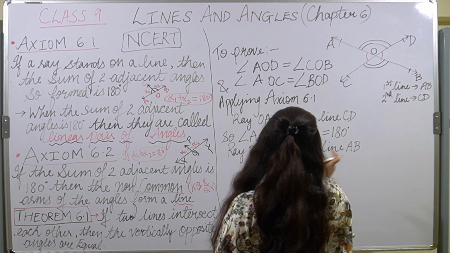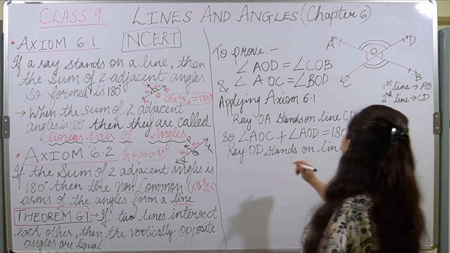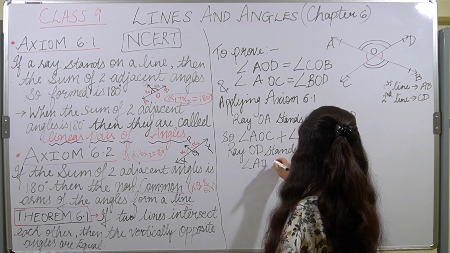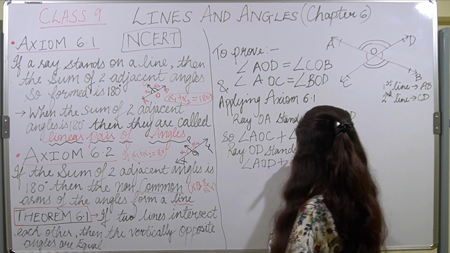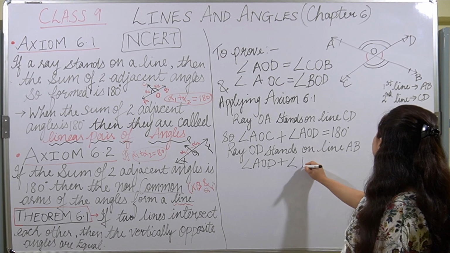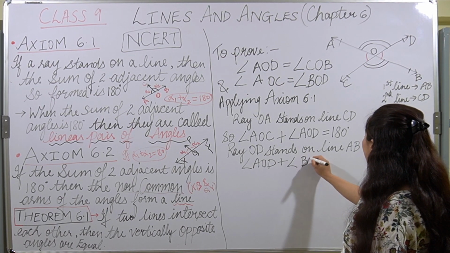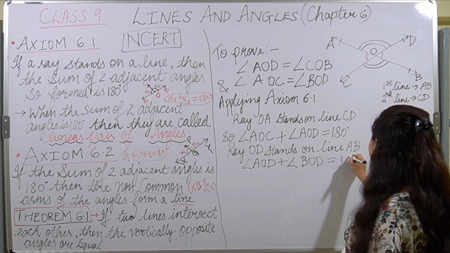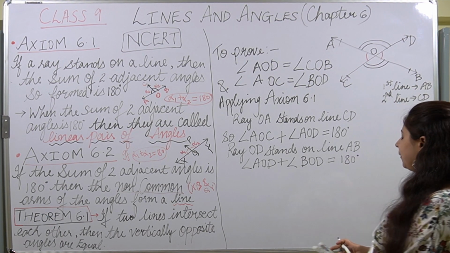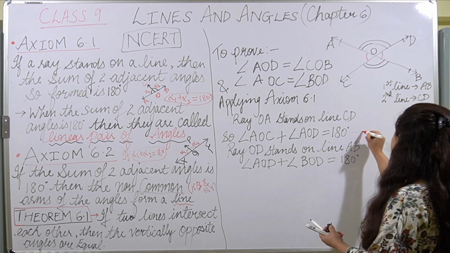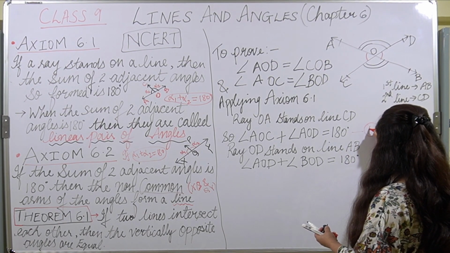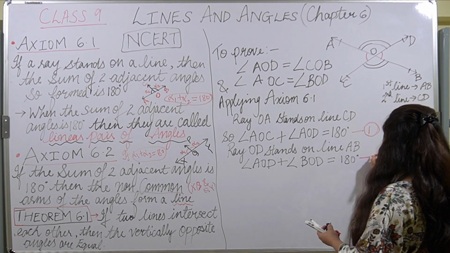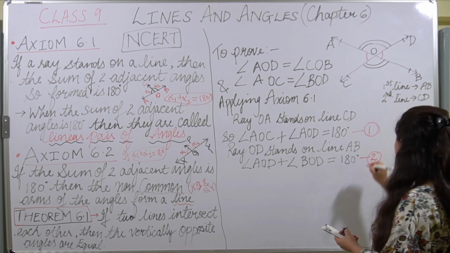So from here we will be getting angle AOD plus angle BOD is equal to 180 degrees. So let us mark it as equation 1, and here equation 2.